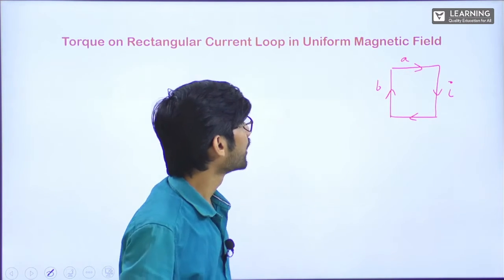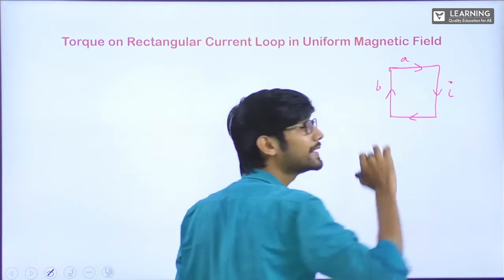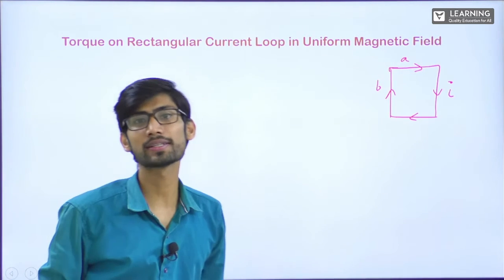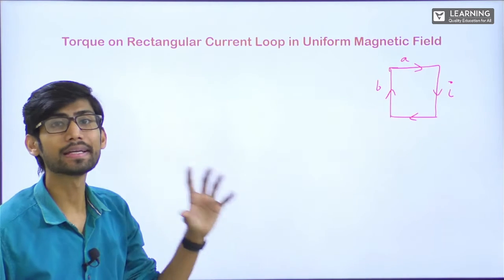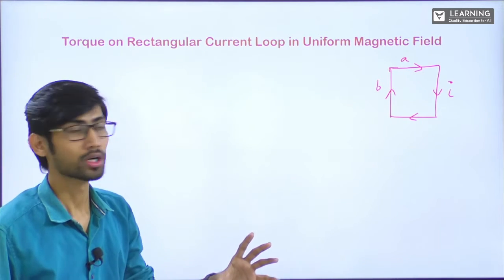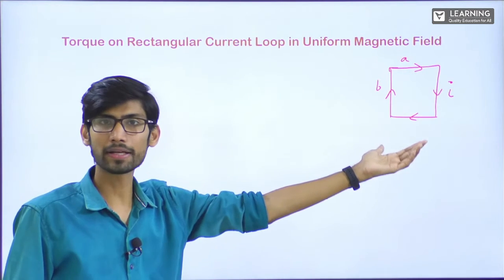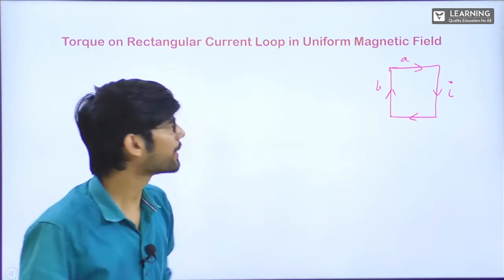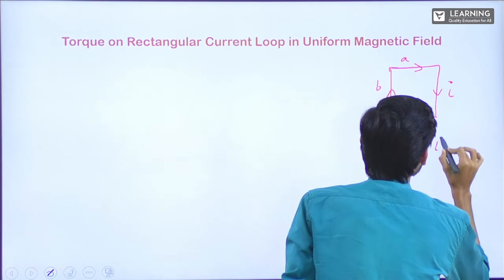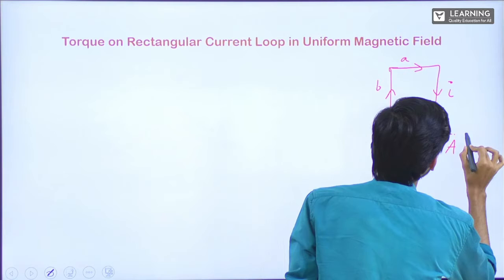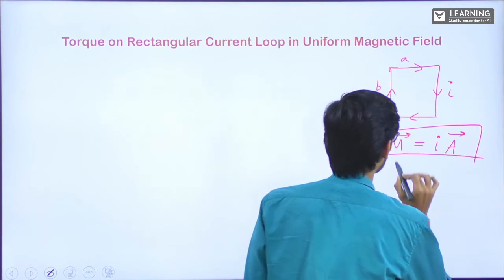Clear? Now, in the next session, we'll be seeing this properly, that any current carrying loop behaves as a magnetic dipole. So if this behaves as a magnetic dipole, that means it will be having a magnetic moment also. So the magnetic moment of this particular loop will be I into area vector.